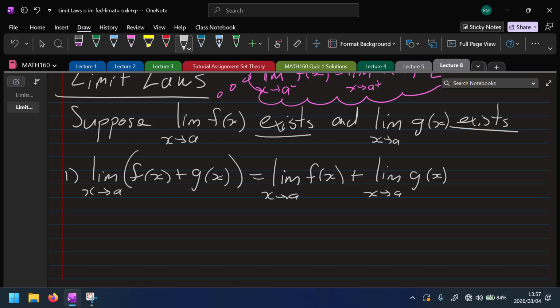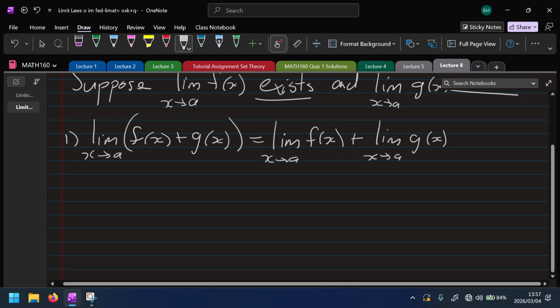Looks very simple, but please remember the cloud. If we have the limit of a sum, if both of those limits on the inside exist, then we can separate it into two individual limits. Or if you go the other way, if you have two individual limits, you can put them together into one limit. If both of them exist, there's always that catch.